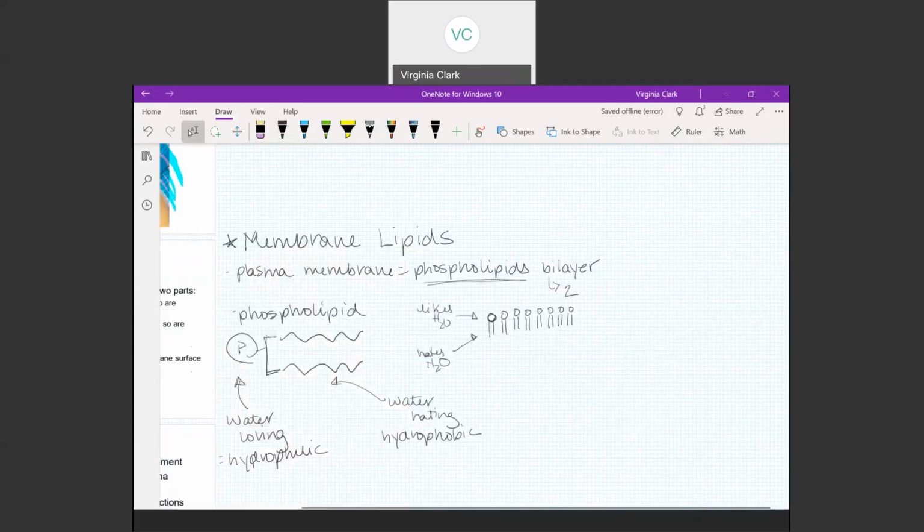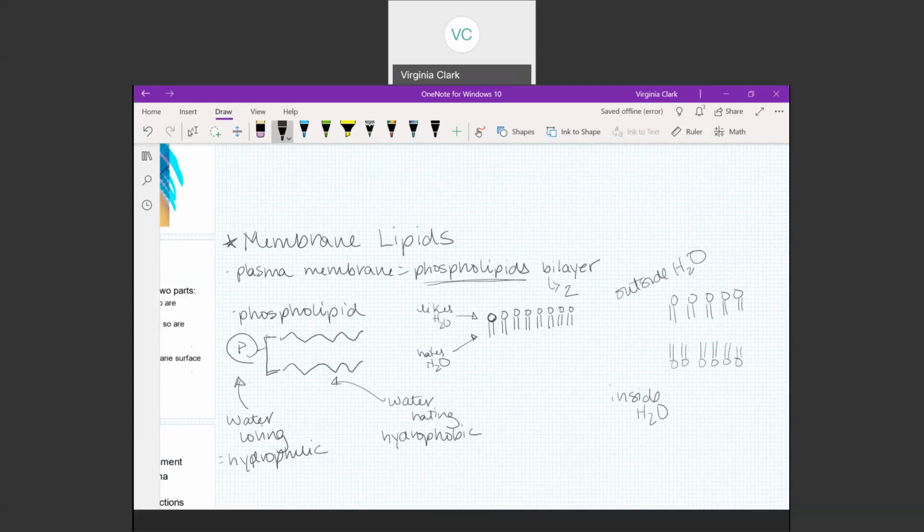So if I have water on the outside of my cell, it's going to love my phosphate heads. But also remember, you're going to have inside H2O because it's your intracellular fluid, and they like water. So here are my phosphate heads. They like water, but my tails run far, far away, so it looks like this.